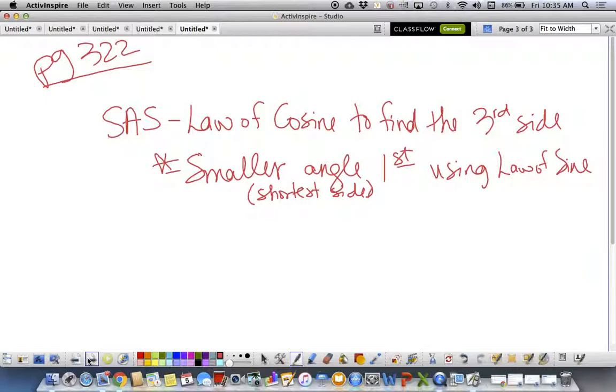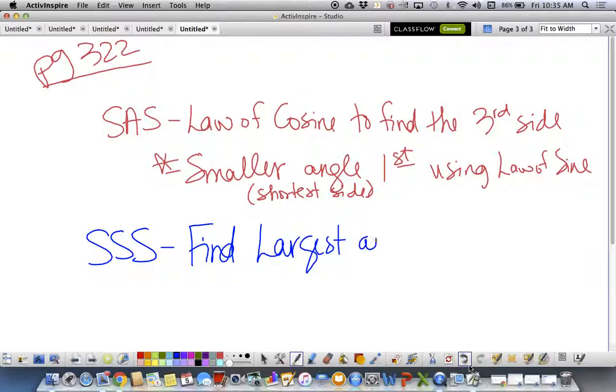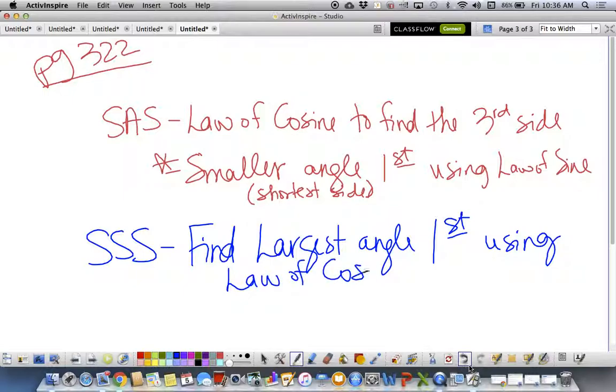If you have side, side, side, this is a key. I have highlighted it. You always find the largest angle first, using the law of cosine.